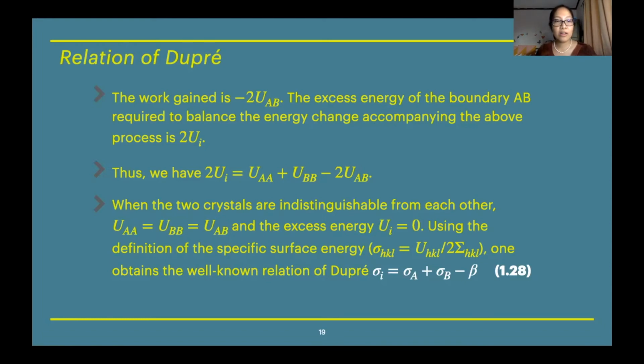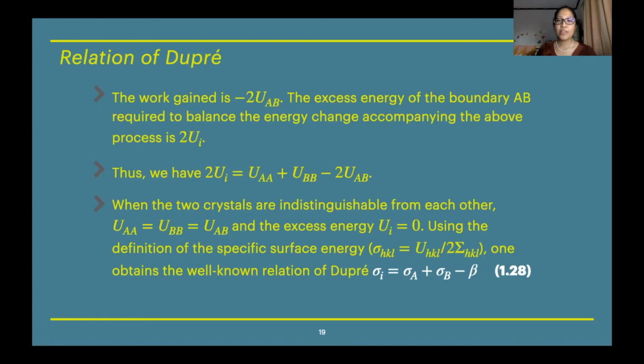Then we use the definition of the specific surface energy. Sigma sub HKL equals the work done divided by 2 times the area. There's always the factor 2 because in the process of separating the crystals, you form 2 surfaces. And then we obtain the well-known relation of Dupré, equation 1.28.